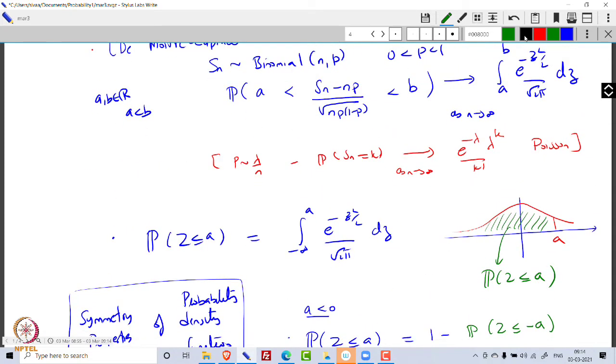One of the remarks we made was that this has no antiderivative. Therefore, one needs to compute integrals numerically. Very good. So that's where we were at.